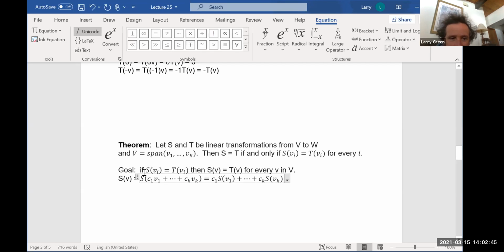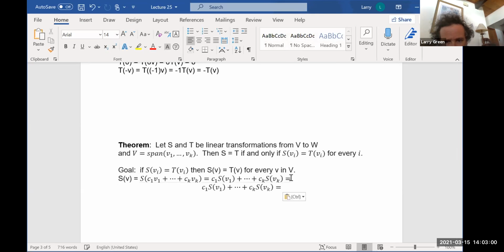But we're given that S of Vi equals T of Vi for all of them. So I can take this equation and replace all the S's with T's. Any questions on that? Because that's what's given. And now what can I do?